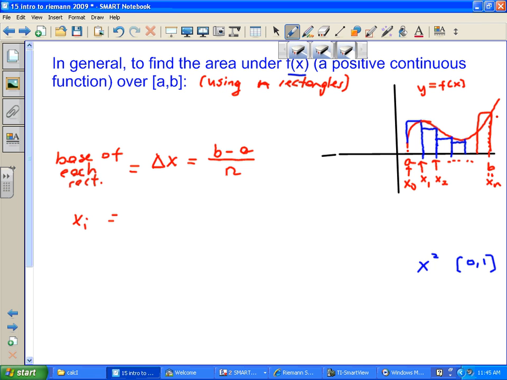Now, basically, if you're going from a to b, you should always start at the left end point of your interval, and you will keep adding delta x to it. So if you add 1 delta x, you get to the next one. So for example, if i is 1, then you will get this one. You start with x sub 0.